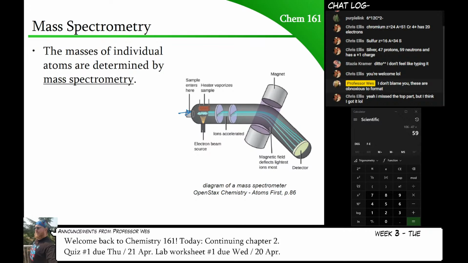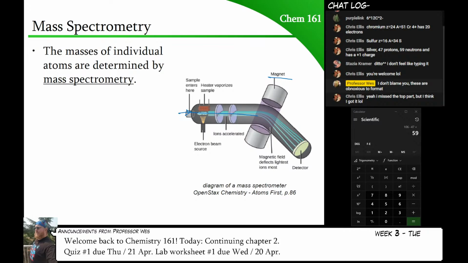We input the sample, and then we heat it up. When you heat up the sample to a high enough temperature, it becomes a gas. Then we bombard it with electrons so that it gains a charge. Once the particle has gained a charge, it is going to accelerate through this tube and pass through this magnet.